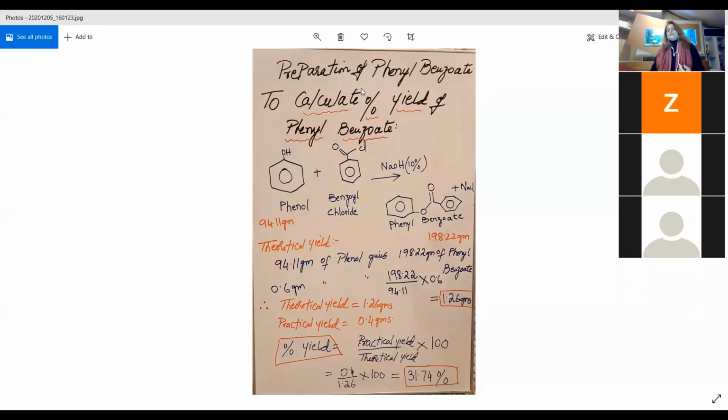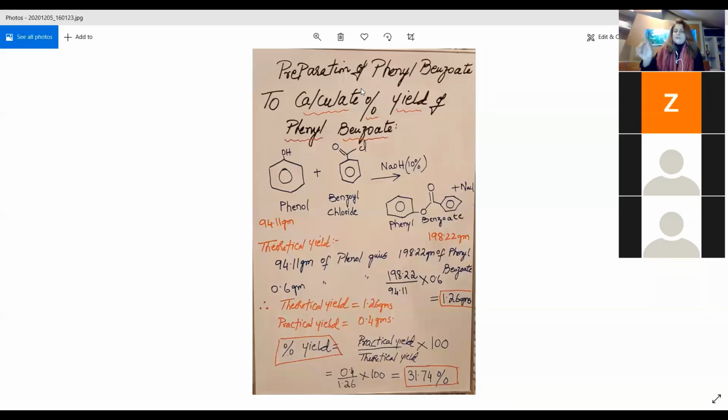So now in this slide, particularly, you have phenol and benzoyl chloride. The equation is there. Then you reacted with sodium hydroxide, that is 10%, and you got your product, that is phenyl benzoate. Now there is a starting product and the ending product, right? The molecular weight of phenol is 94.11 grams per mole, right?